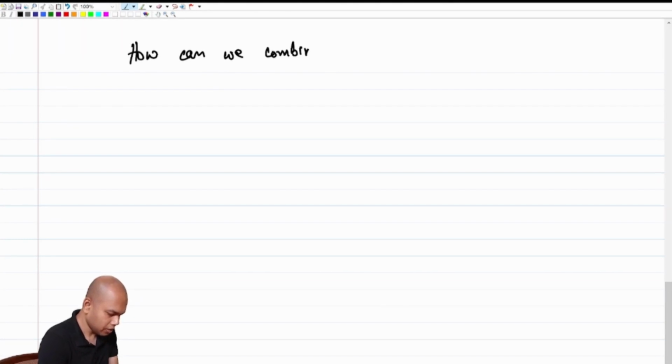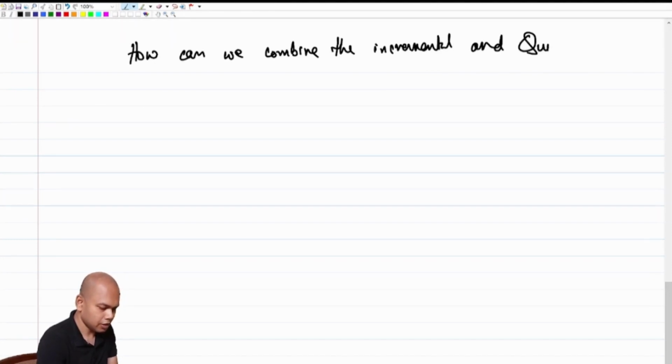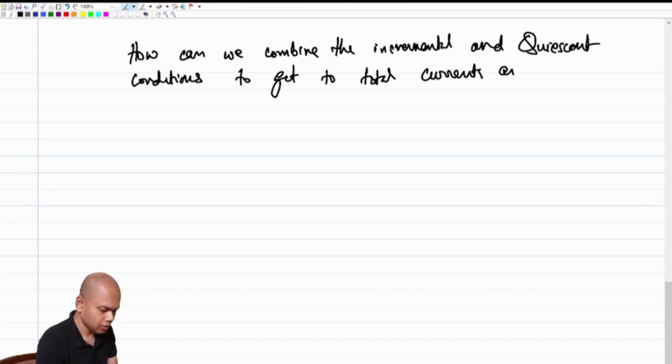What I'm basically trying to motivate here is that in the next part of this lecture, we'll see how we can combine the incremental and quiescent conditions to get to total currents and voltages in the network.